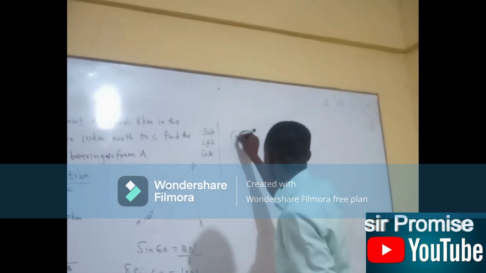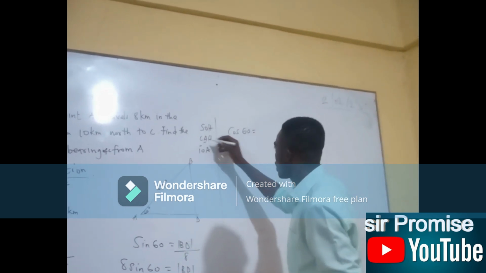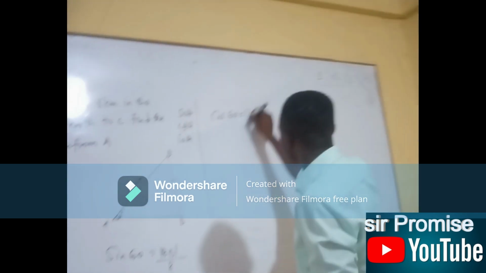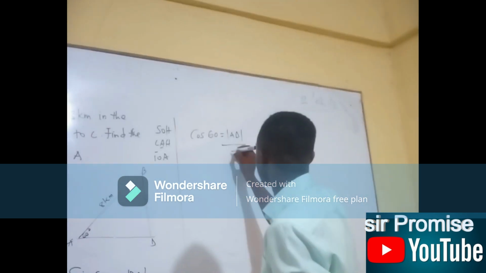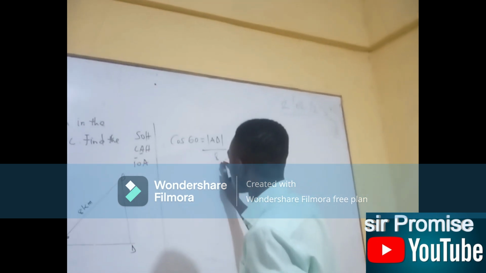So this time around, cos 60 is equal to the adjacent that we don't know, AD, divided by 8.